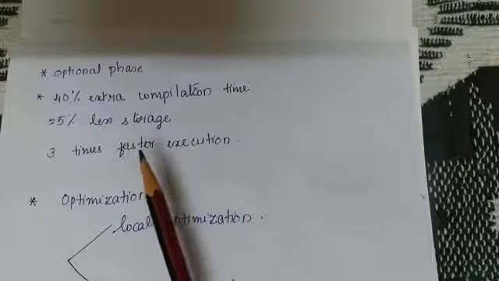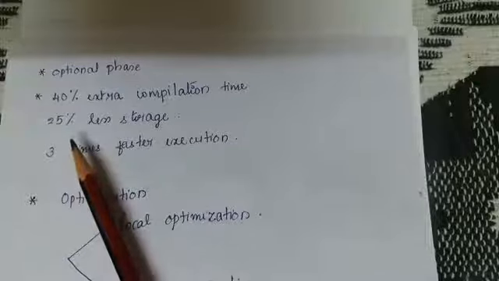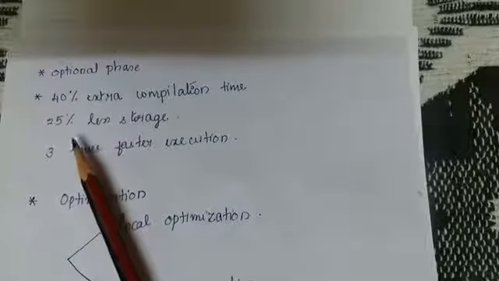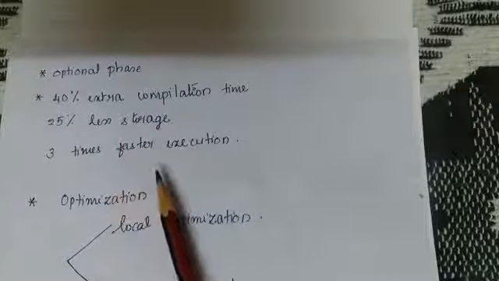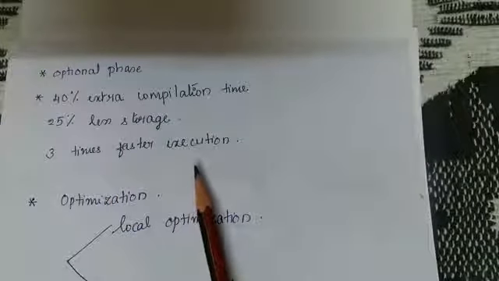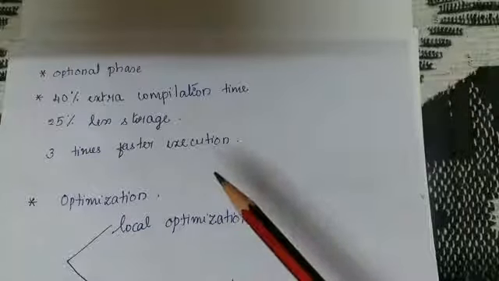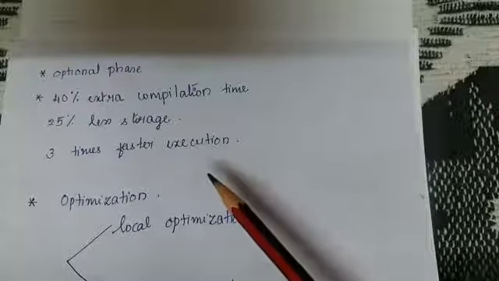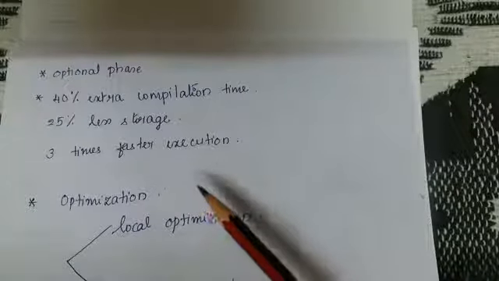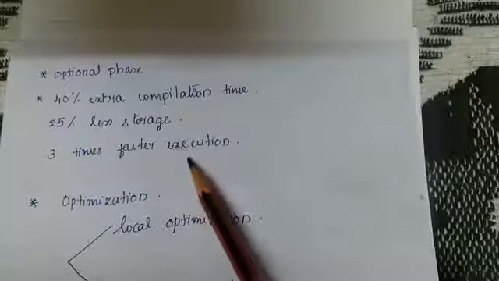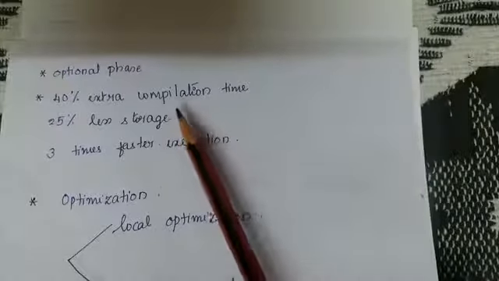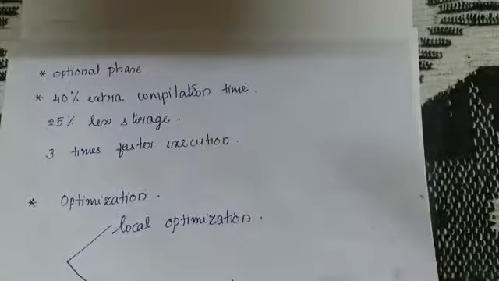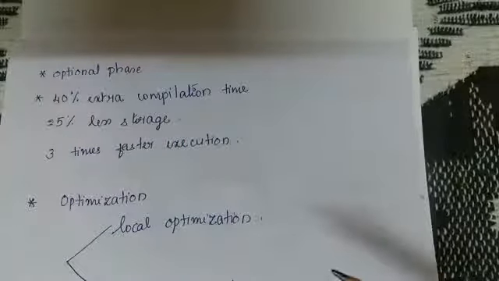But the advantage is that after the optimization, it will take 25% less storage, and it is 3 times faster. These are the advantages, but 40% is the extra compilation time, so it is given as an option.